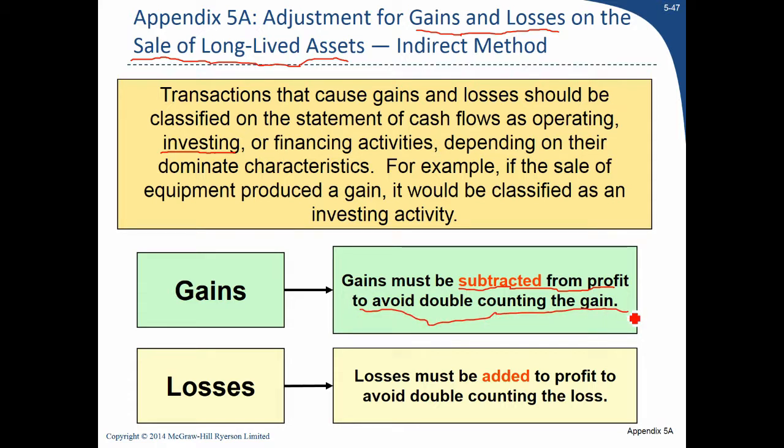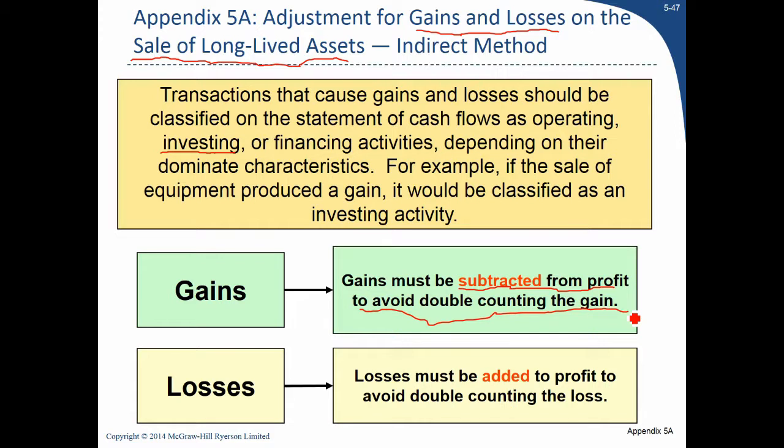Because we're already recognizing the fact that the fair value of the land far exceeded its book value. We're picking that up by saying $1 million of cash inflow on the investing activities section. That includes the $900,000 gain. Okay, so what we have to do on the cash flow from operating activities is we actually back that out as a non-cash item.